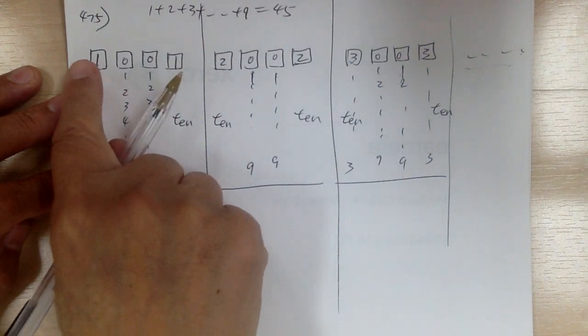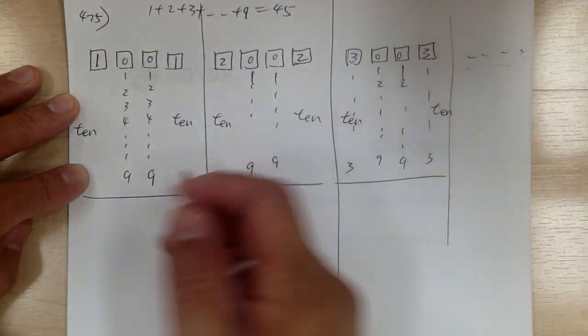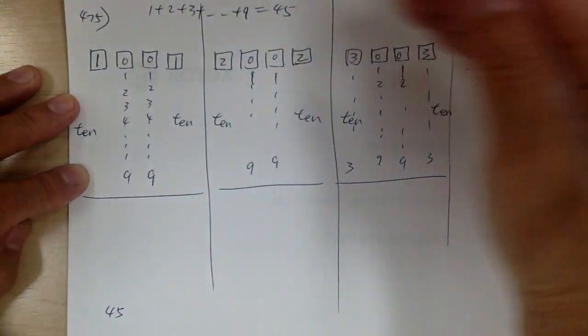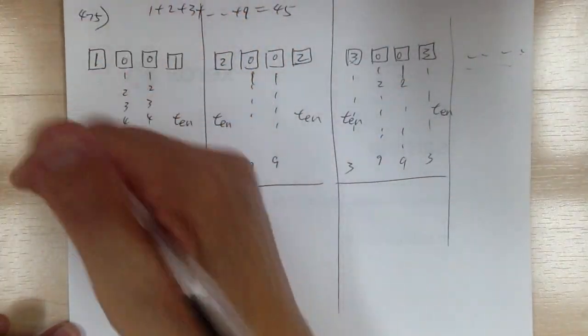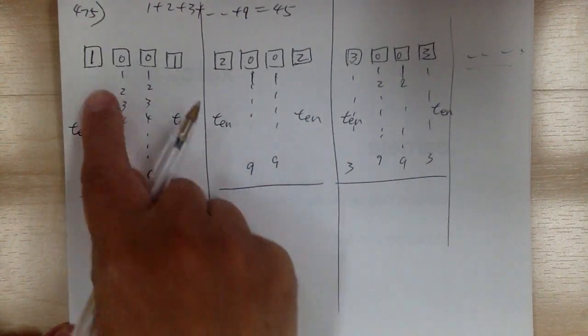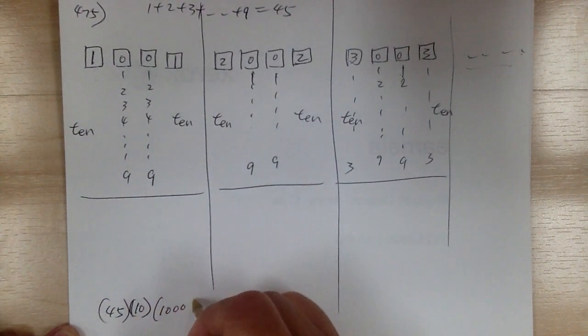I'm adding horizontally for the first stage, so there would be a 45, and there are 10 of them, right? So you have to times it by 10. And this is in the 1,000s digit, so you have to times by 1,000.